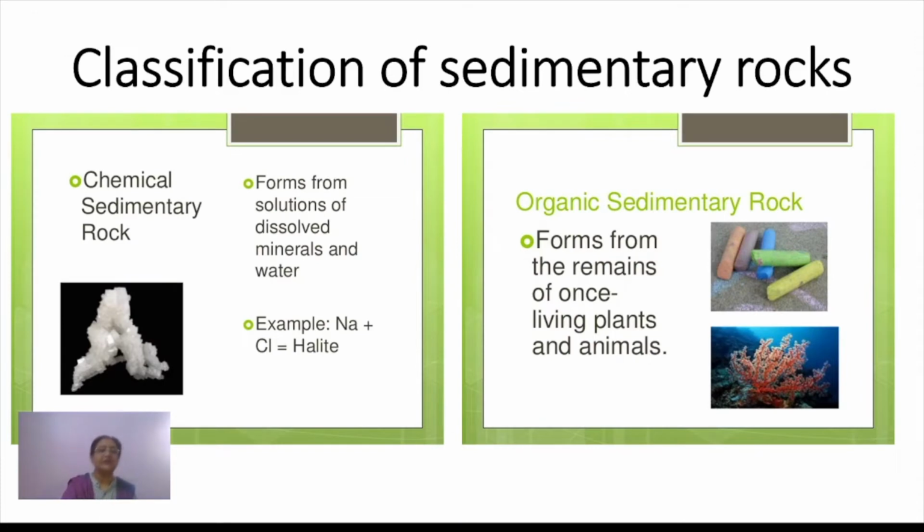Now the other one is chemically formed sedimentary rock. These rocks are formed as a result of a chemical process, and quite often the processes involved include solution. From the solution, when the particles get evaporated and this results in the formation of a rock, that is called a chemically formed sedimentary rock.